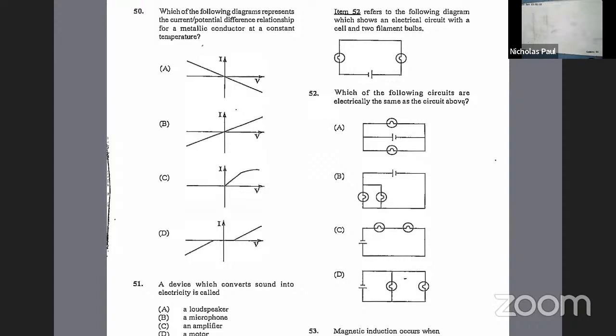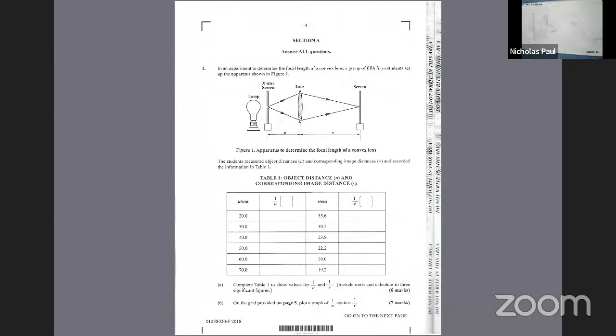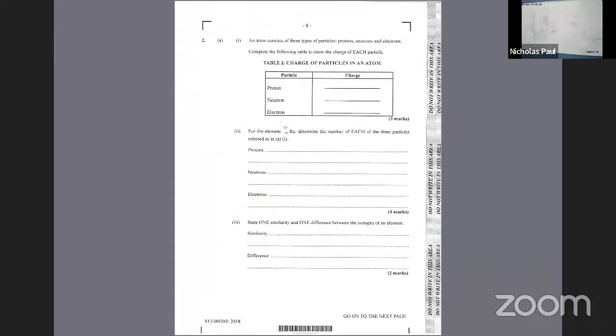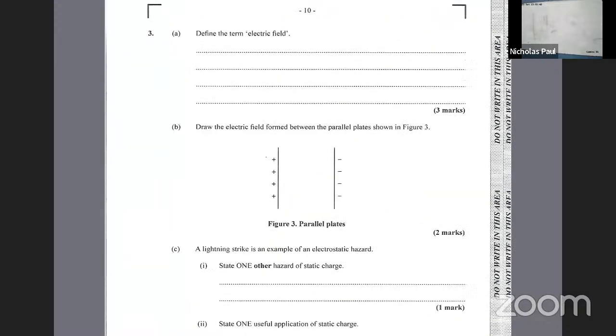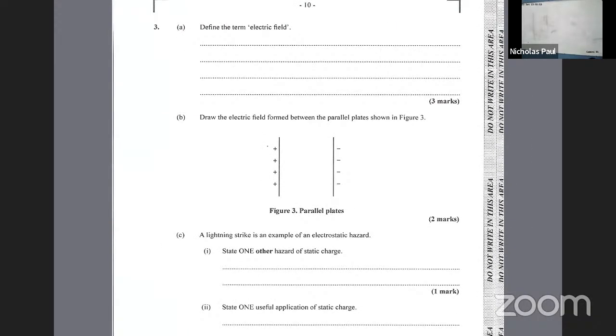All right, nice. Let's go to our paper 2 now. Let's take a look at June 2018. Remember your little electric fields here.